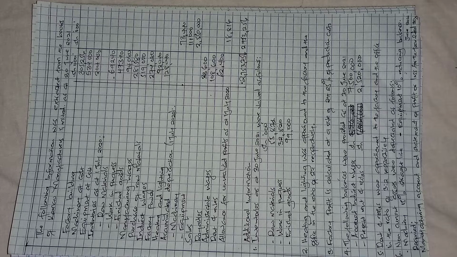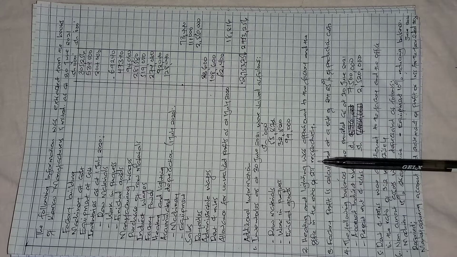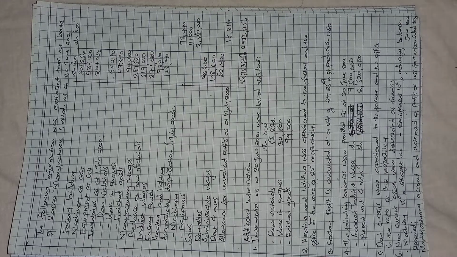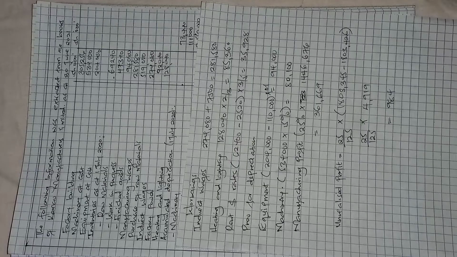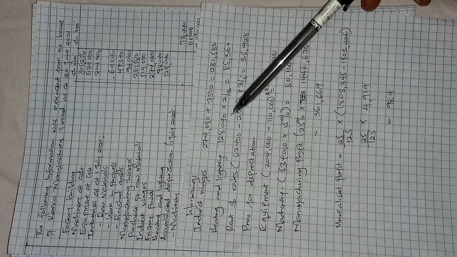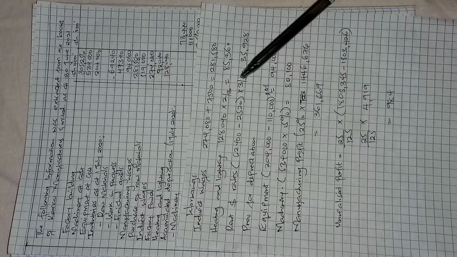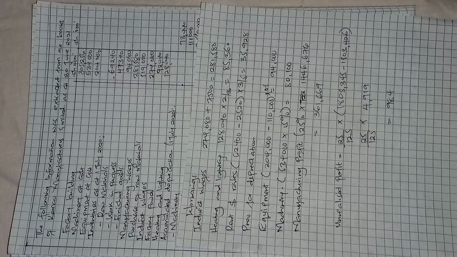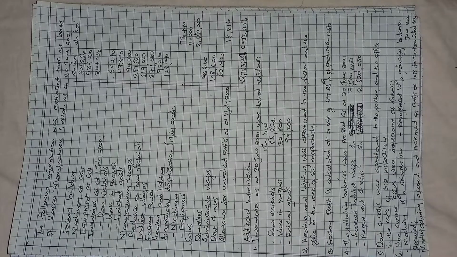The portion that will go to the factory: it is 2:1, so you add 2 plus 1, which is 3. So 2/3 of that amount will go to the factory. 128,040 times 2/3, you get 85,360. Then we are done with additional information 2.